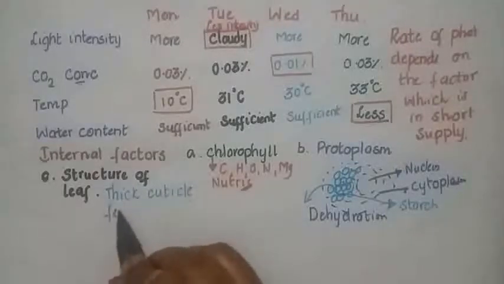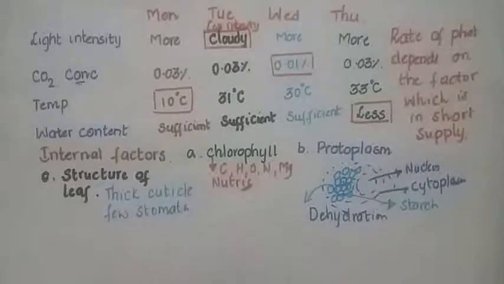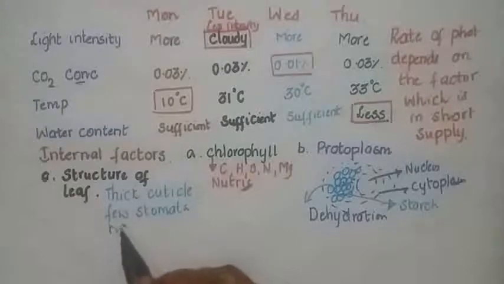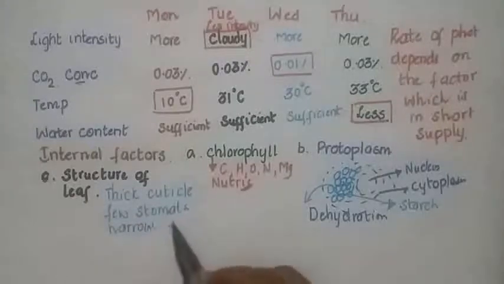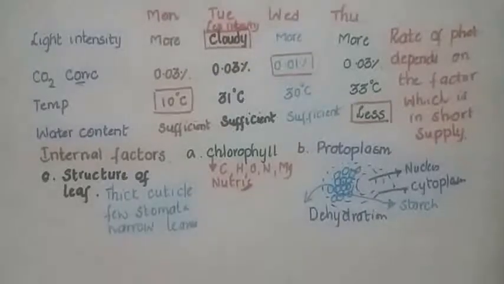And if there are only few stomata, again in that case there is a reduction in the inward diffusion of carbon dioxide for photosynthesis. And if you find narrow leaves, the size of the leaf is too small, so that maximum absorption of sunlight cannot take place, which also affects the rate of photosynthesis. Fine, children. So these are some of the internal factors which affect the rate of photosynthesis.